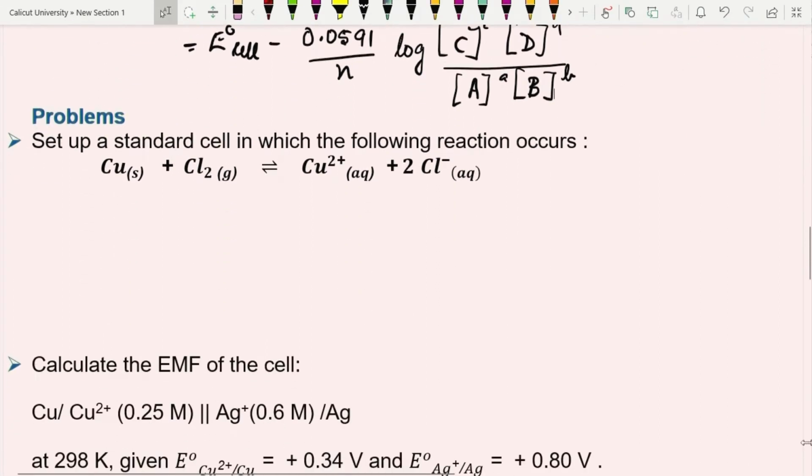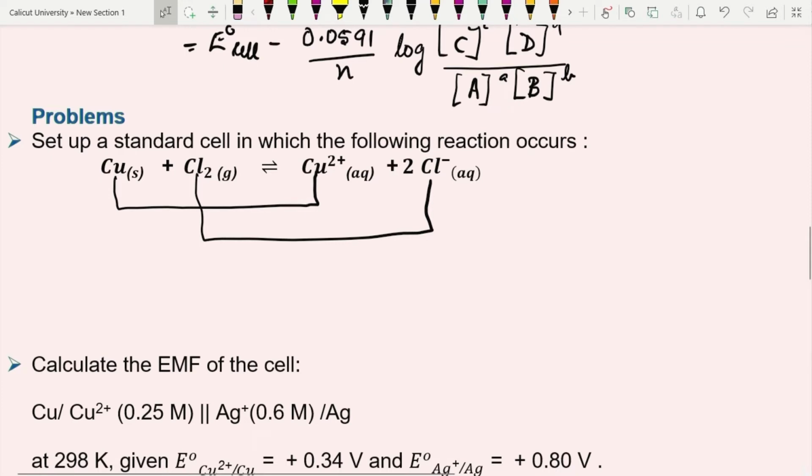Now, we will go for a problem. Set up a standard cell in which the following reaction occurs. So, the cell reaction is given and you are asked to set up the cell. In this case, the first thing we have to do is identify which of these undergoes oxidation and which undergoes reduction.